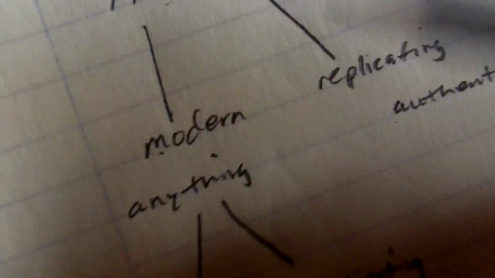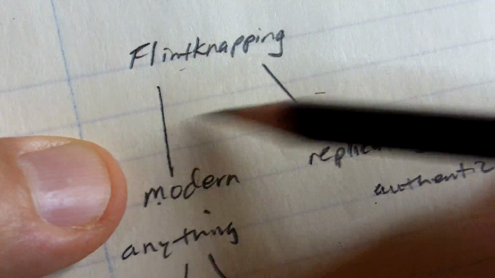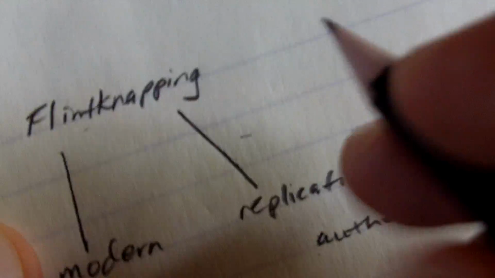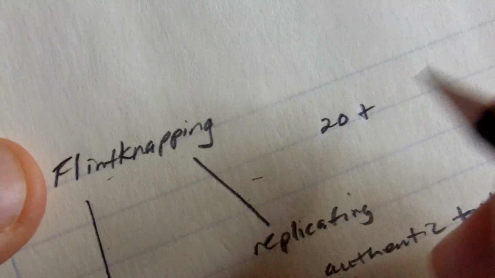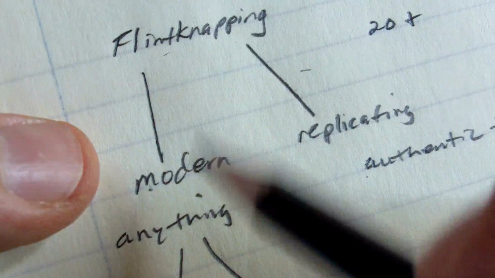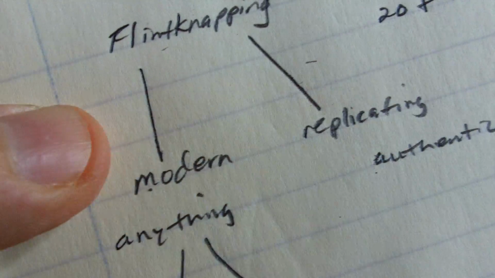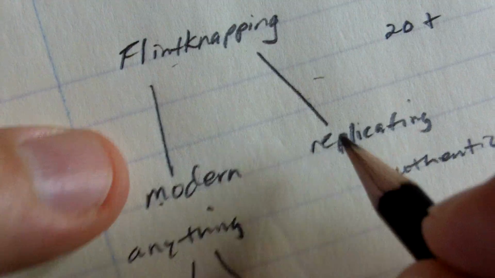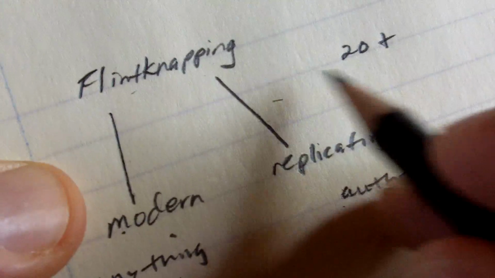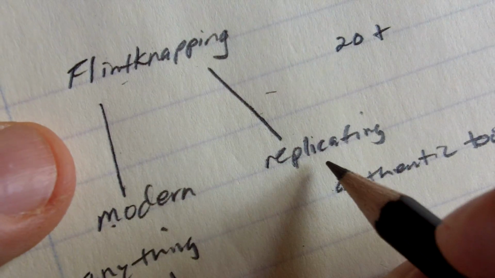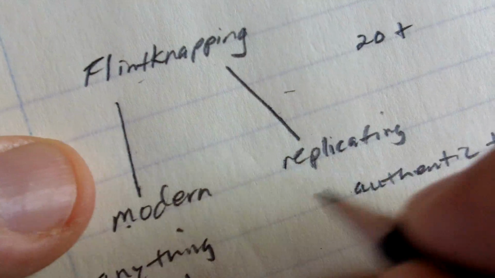Alright, so where I'm going with my Flintknapping is I'm going to go in these two directions. But since I'm going to be Flintknapping for the next 20 years or so, I've got plenty of time to choose. If I want to do replicating, I've got a lot of time for that, so I don't need to focus on this right now.